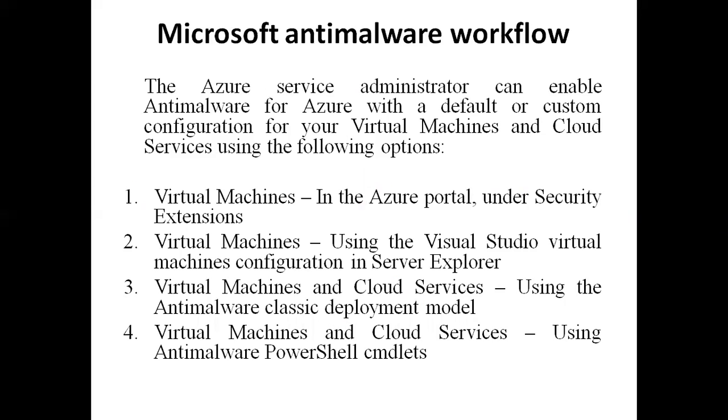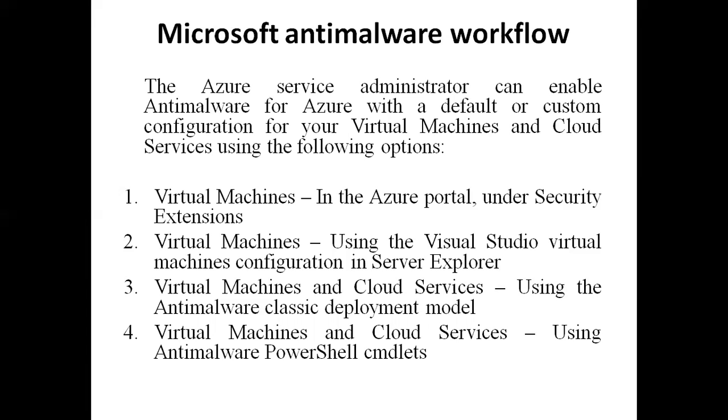Next, moving to the Microsoft anti-malware workflow. The Azure administrator can enable anti-malware for Azure with default or custom configuration for our virtual machine. This means we can choose the default one or we can create our own also.